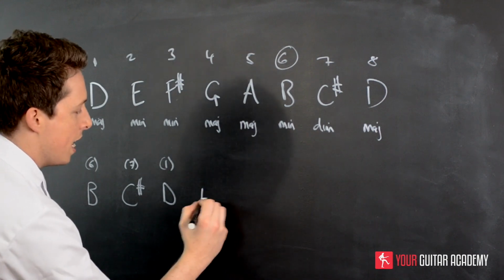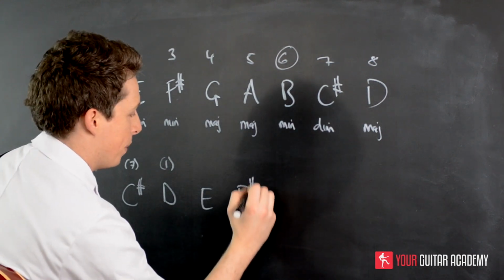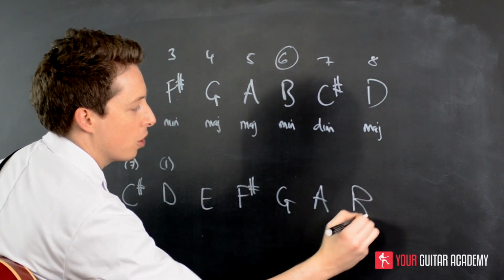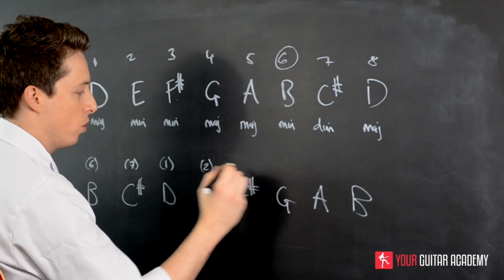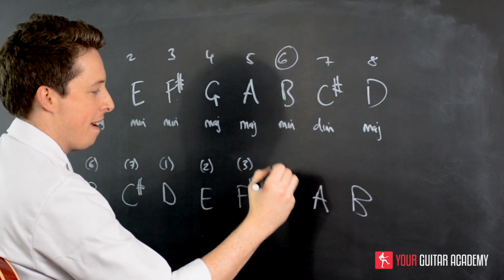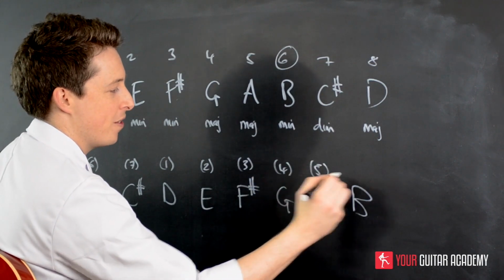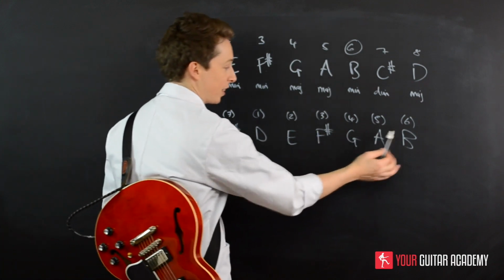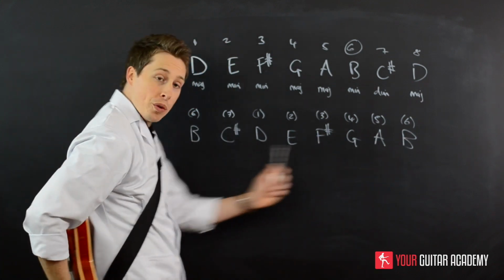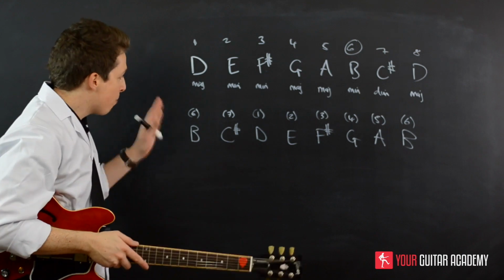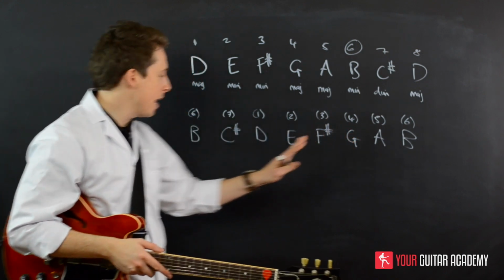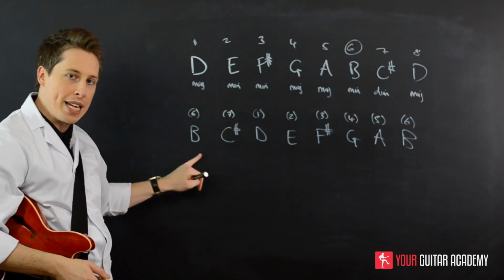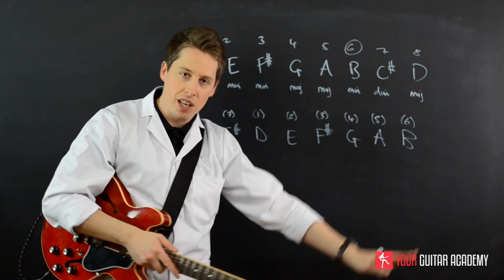Then of course we've got E, F sharp, G, A, and then back to B. So in brackets 2, 3, 4, 5, and then 6. Of course, this is 1, 2, 3, 4, 5, 6, 7, 8 now, because that's the order we're going in. But in brackets, we're kind of still thinking of it as a major scale, the D major scale starting from B. Okay, that is why it's called a relative minor.